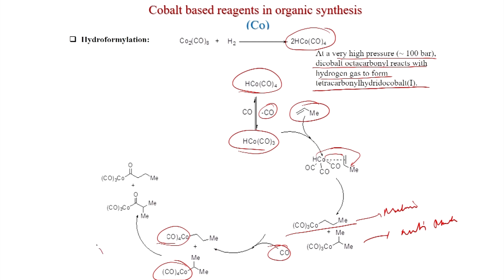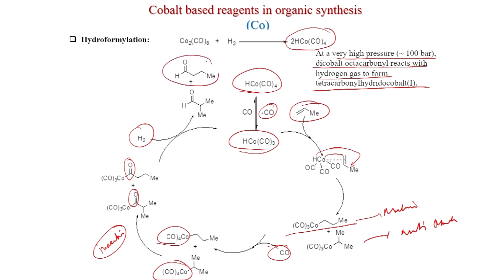So, one carbon monoxide inserts into this C-cobalt bond. So, you see this carbonyl group inserts and H2 comes, it generates HCo(CO)3, the hydrido tricarbonyl cobalt, and you get these products. So, these two products are formed.